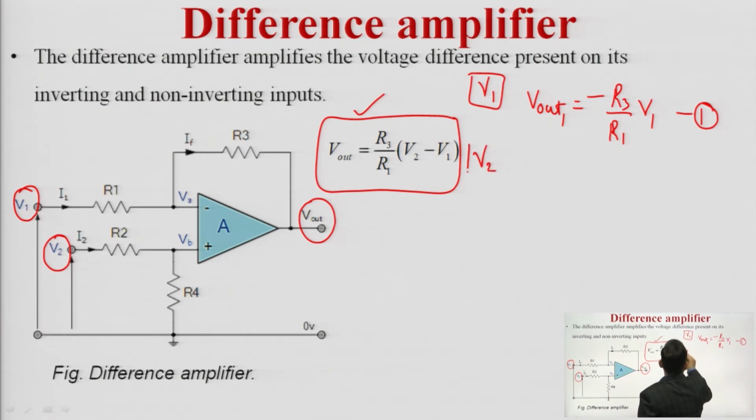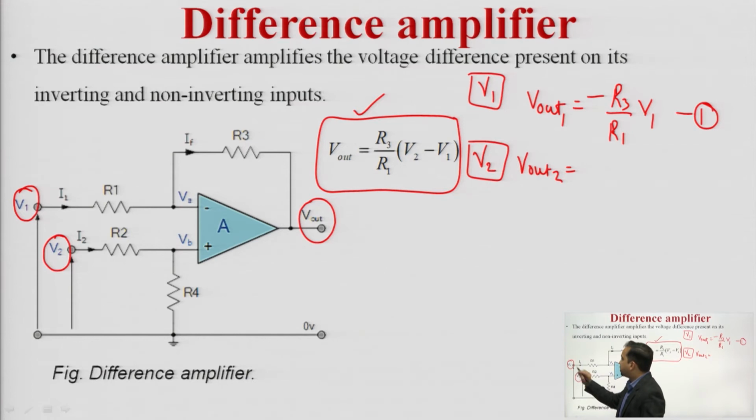Due to the second source, while suppressing the first one, we can calculate the output. So the output V out 2: if V1 is grounded and we are considering V2, then it will be a non-inverting kind of op-amp.